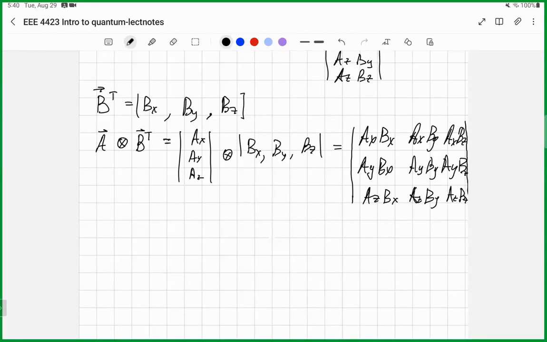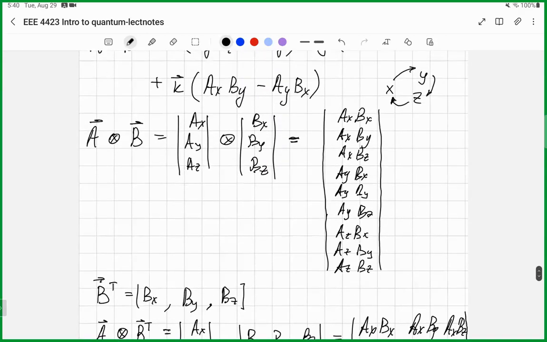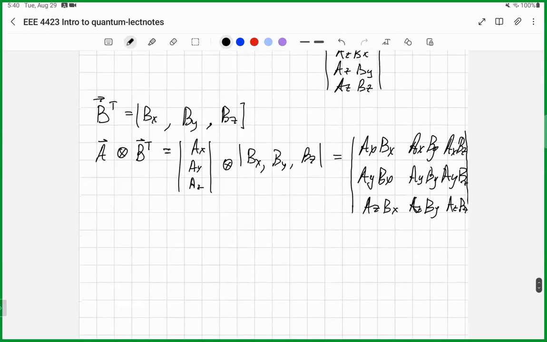So in contrast to the tensor product, when we had two vectors and the result is another vector, this is the dyadic product.